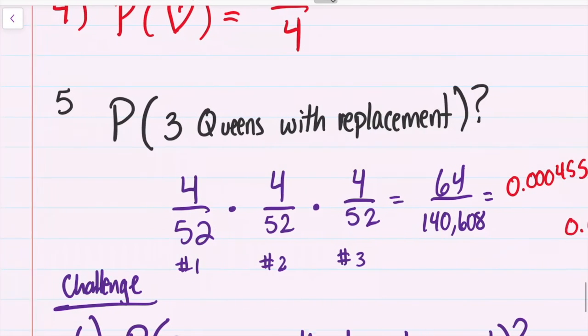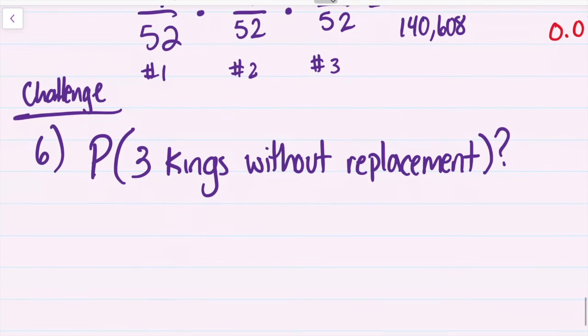Now, my favorite one is this little challenge. What is the probability of getting 3 kings without replacement? In this case, you don't want to put the card back. So in your first try, again, there are 4 kings available out of 52 cards. But now what's going to happen in your second try? Let's say it happened the first try.